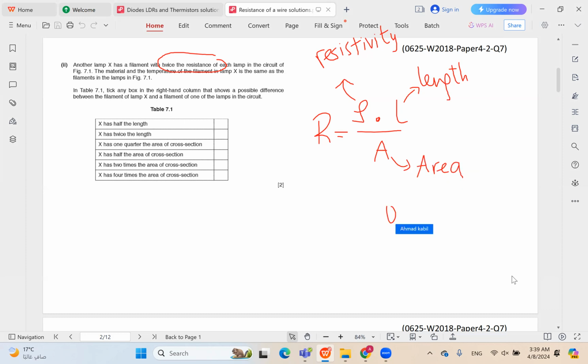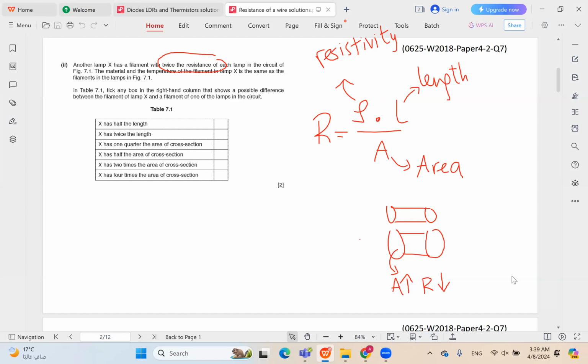So if we have three wires like this, these two wires here are of the same length, but this wire has more or greater area. So the resistance of this wire is going to decrease because the area is bigger.